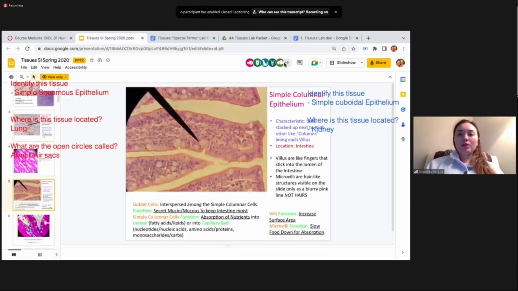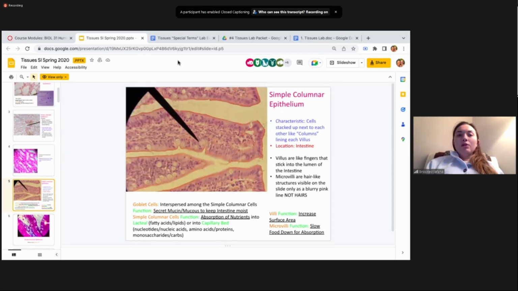So moving on to simple columnar epithelium. For simple columnar epithelium, we're going to see what I call columns of cells. I think this looks like a stack of cells standing next to each other going around this villus. So I'll try to break down what I'm talking about.